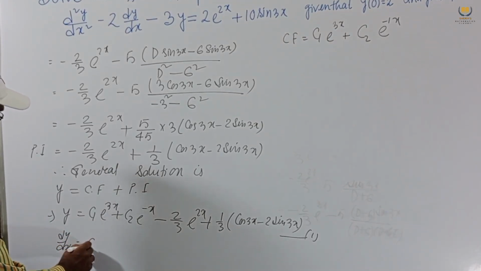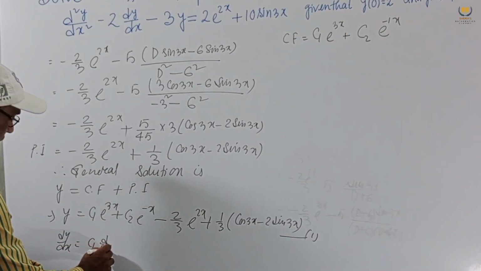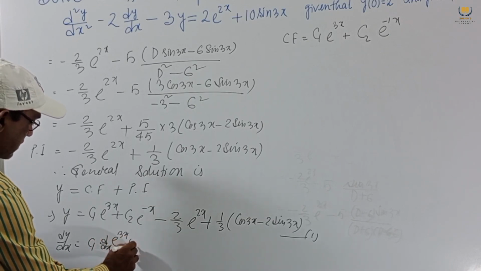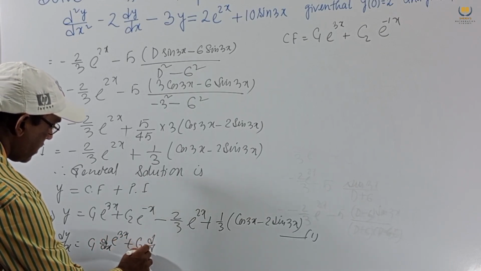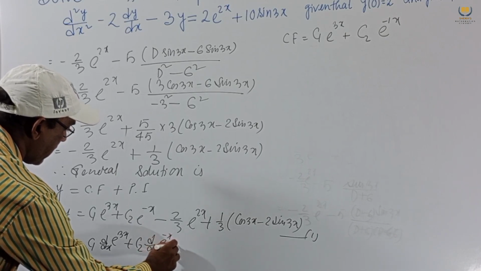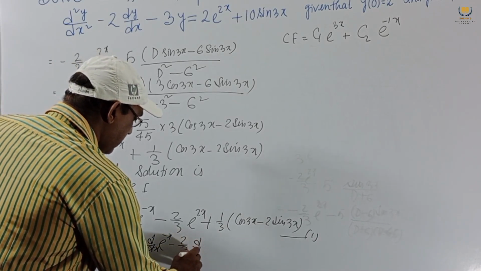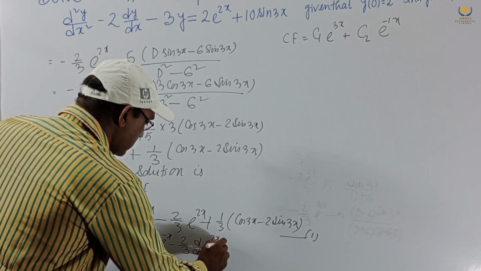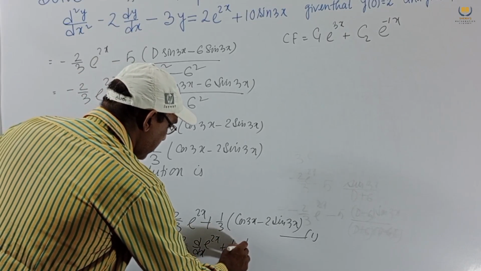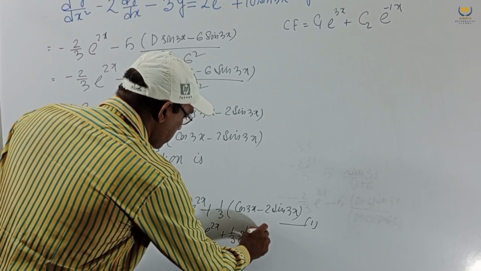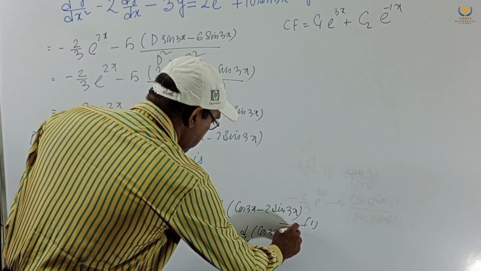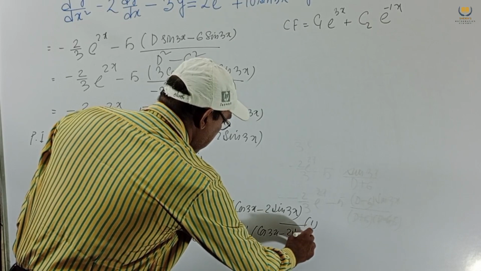dy/dx equals c1 d/dx of e^(3x), c2 d/dx of e^(-x), 2/3 d/dx of e^(2x), 1/3 d/dx of cos 3x minus 2 sin 3x.